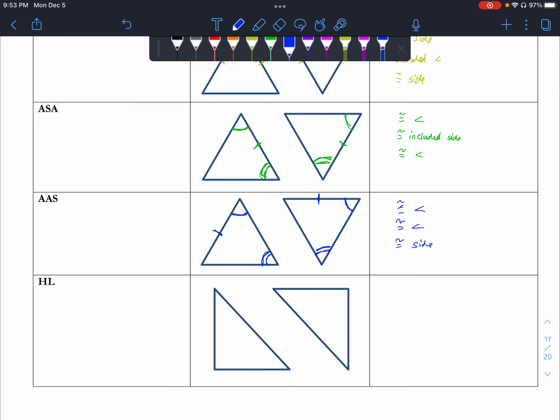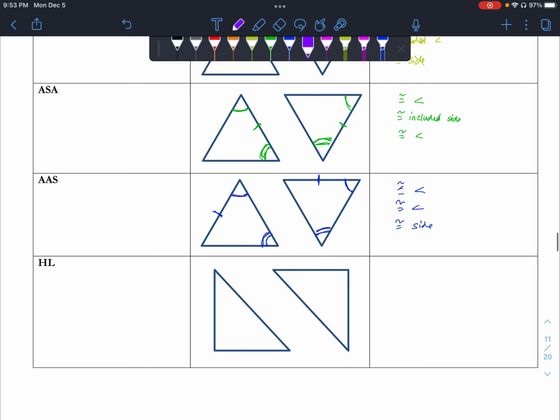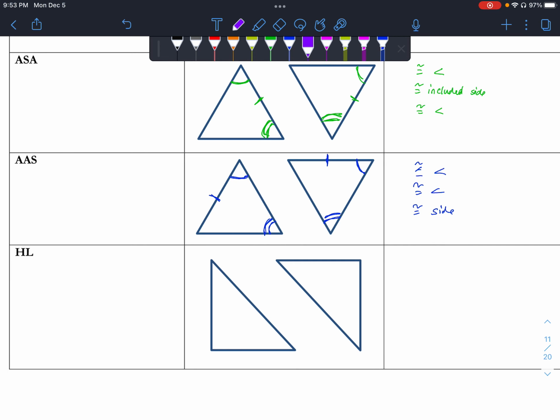And last but not least, hypotenuse leg. This one deals strictly with right angles. So technically, that is one thing that we would know these 2 triangles have congruent already. I know we're technically missing a 3rd letter, but the first one is that they're right angles. So we do have that they both have 90 degrees.